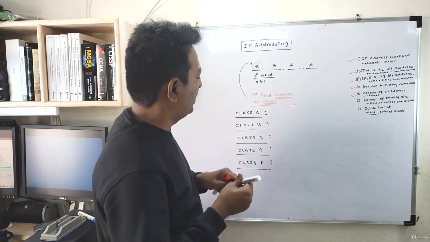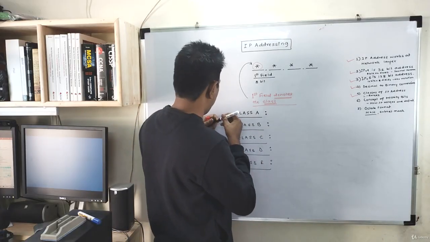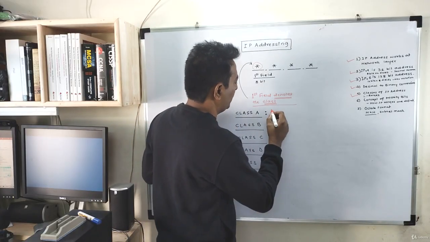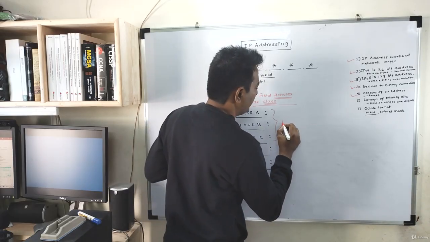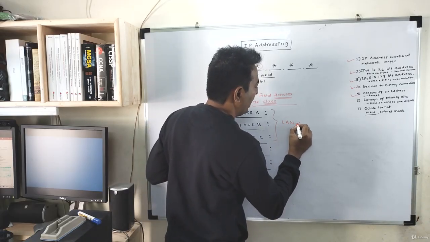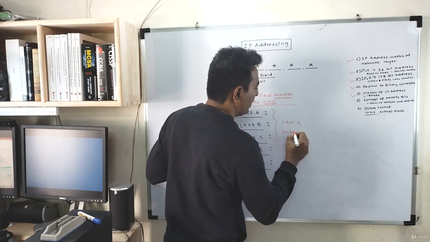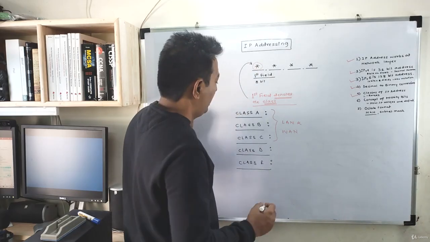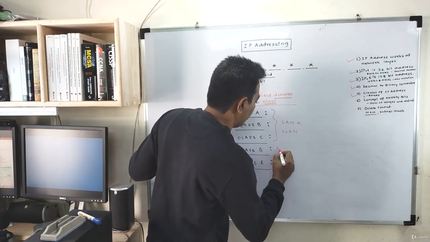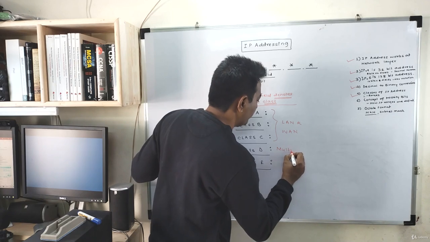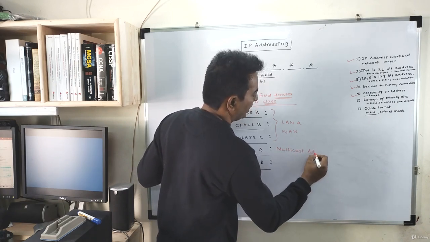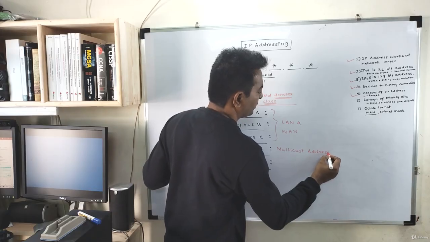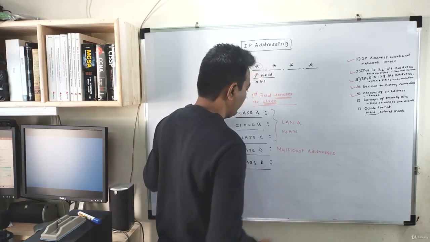Just make a note that class A, B and C are used in LAN and WAN networks. Class D are multicast addresses, or addresses used for multicasting.